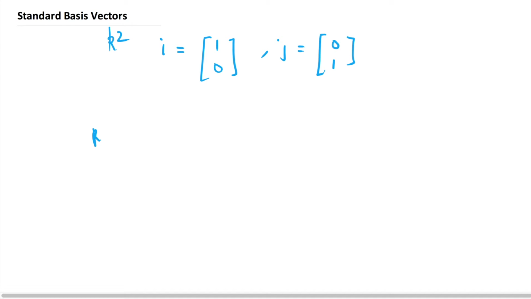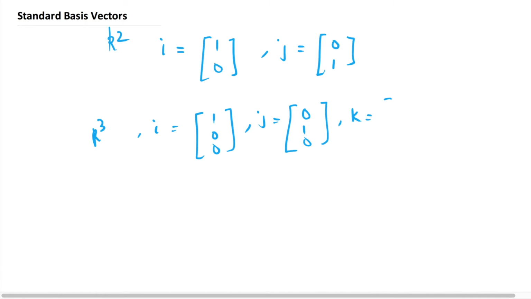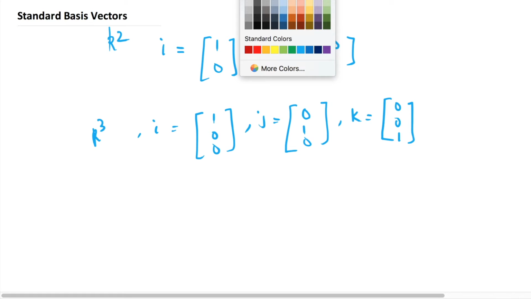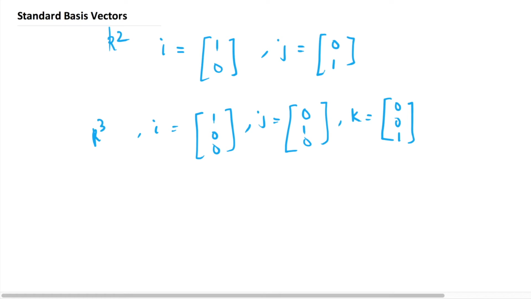The standard basis vectors in R3 are i, j, and k, where i is (1, 0, 0), j is this vector (0, 1, 0), and k is (0, 0, 1). And you might find this familiar from your physics or high school math classes.